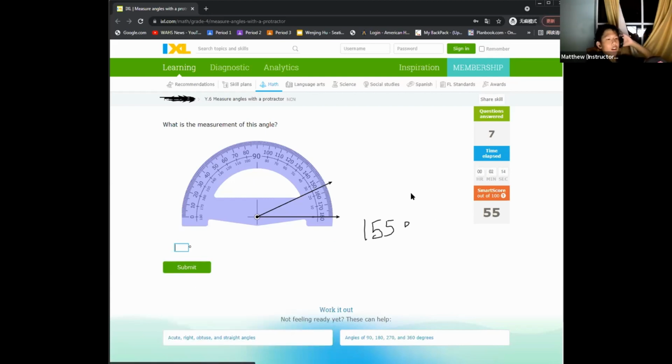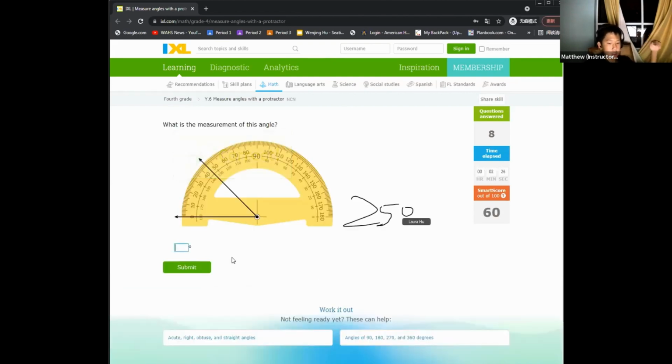Whoa there, 155 isn't quite right. If this was 155 and this is 180, then that would simply be 25 degrees of difference, wouldn't it? So that would be the correct answer.